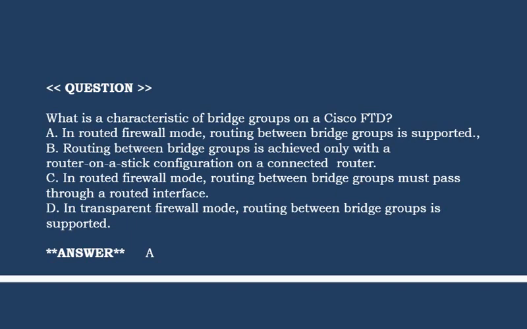Option C. In routed firewall mode, routing between bridge groups must pass through a routed interface. Option D. In transparent firewall mode, routing between bridge groups is supported. Correct answer is option A.